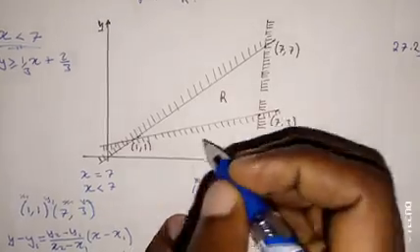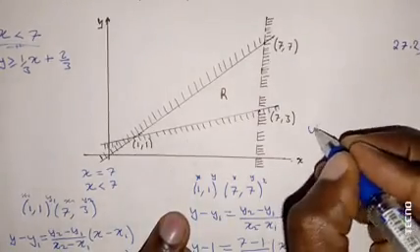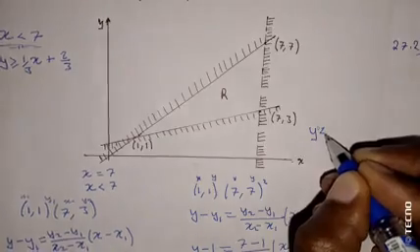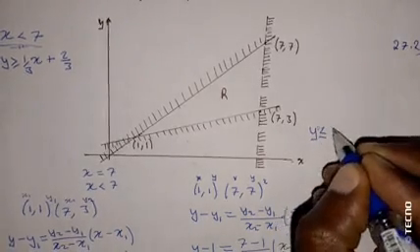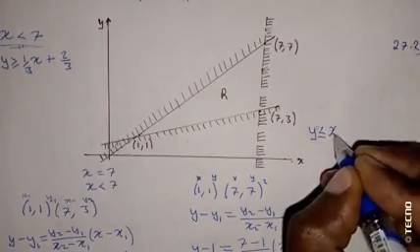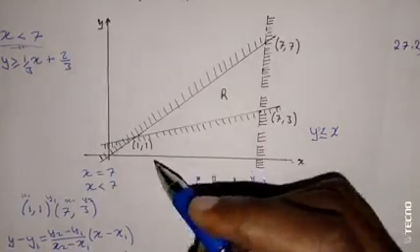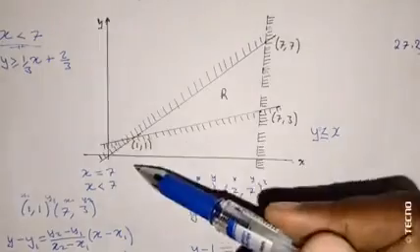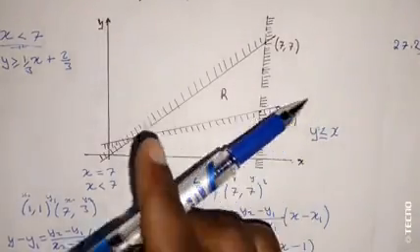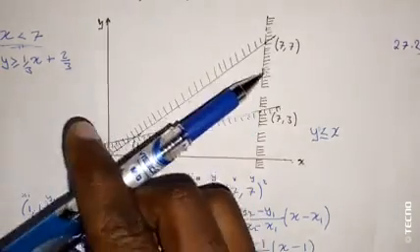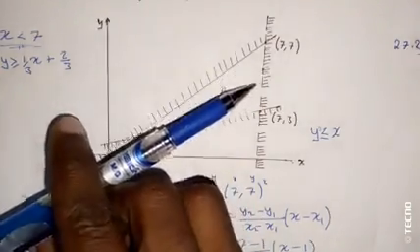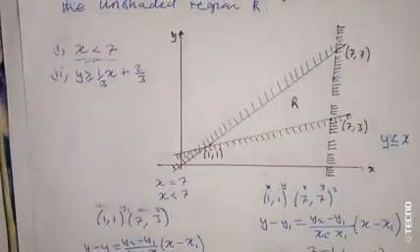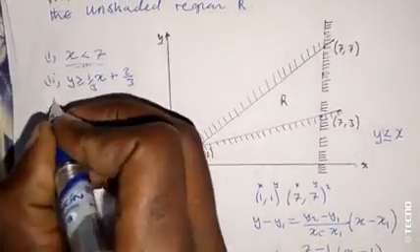So to describe the inequality, it will be y is less or equal to x, because the values of y are greater at this side and less at this side, and what you want is the unshaded region. The values of y this side are lesser than the values at this side.